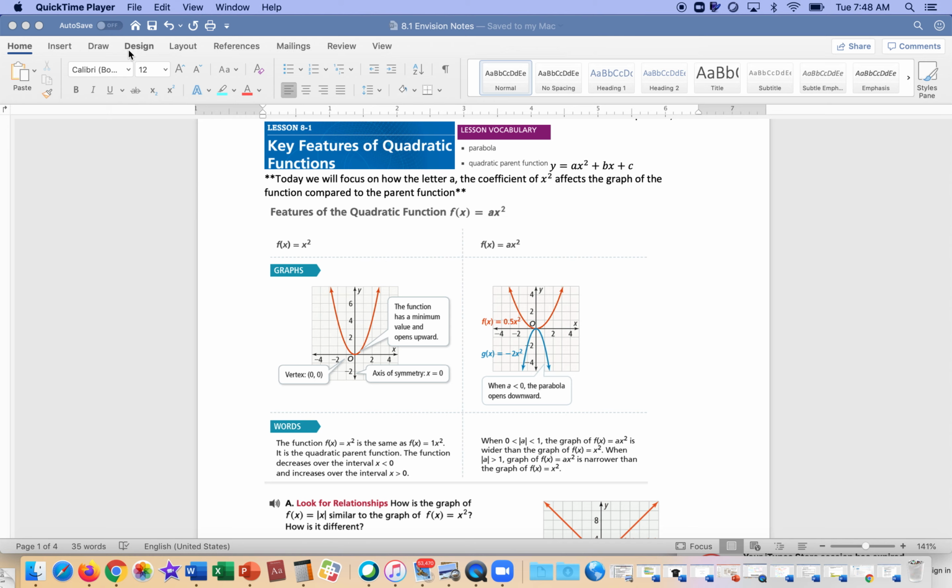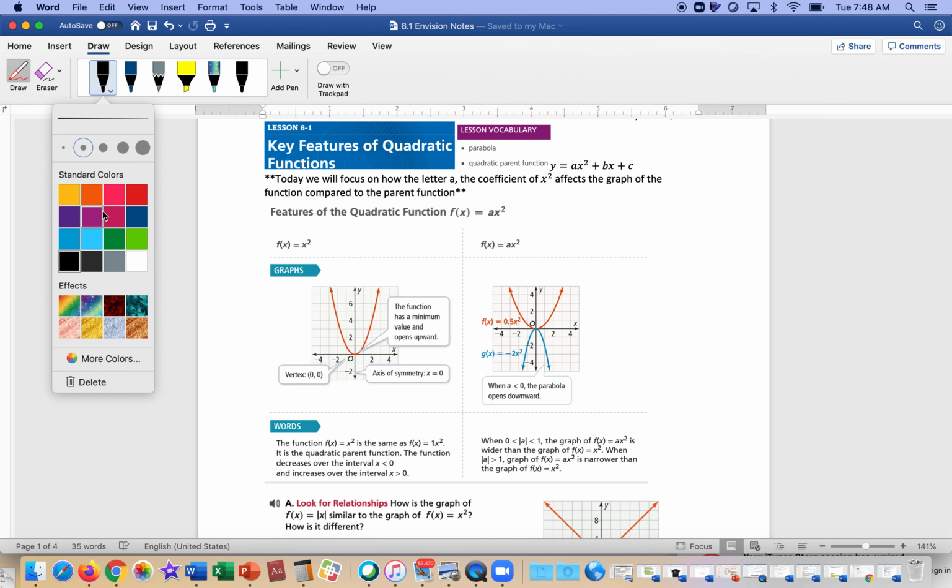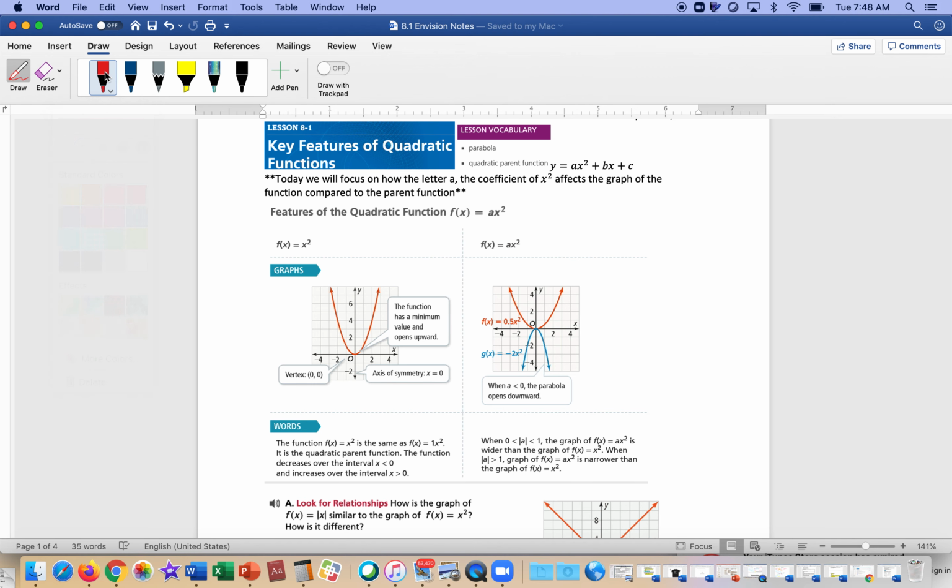So today, we're going to walk through different features, specifically how A impacts quadratic functions. Quadratic functions look like this in terms of an equation: y equals ax squared plus bx plus c.